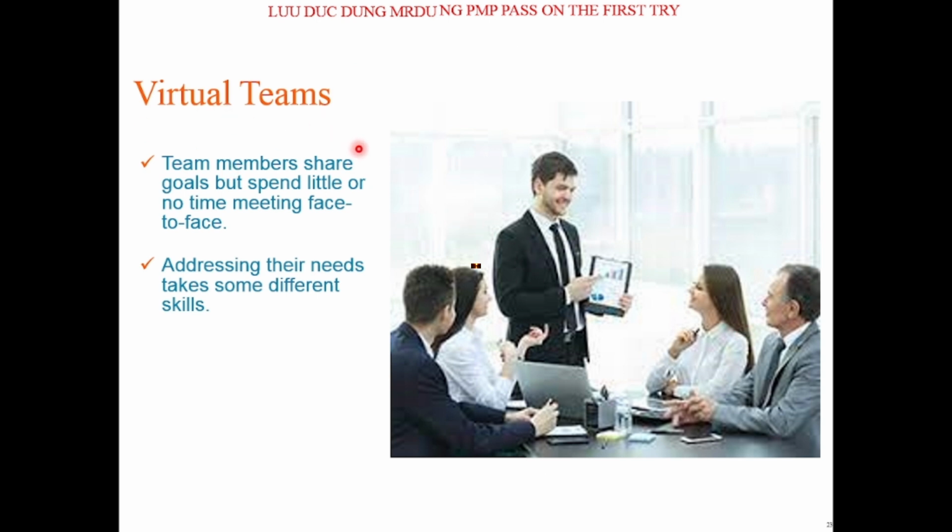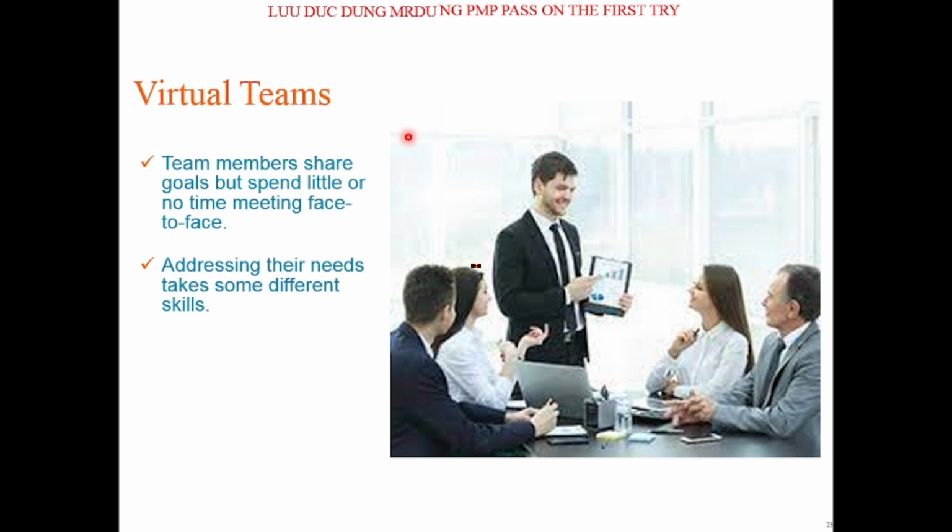Virtual team. Team members share roles but spend little or no time meeting face to face. For example, in the current COVID situation, we use virtual teams more than before.